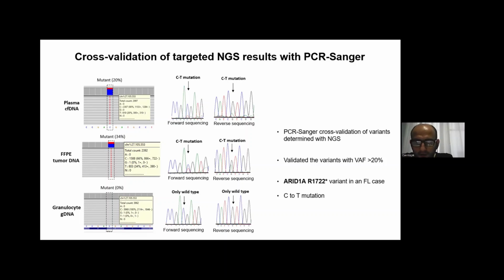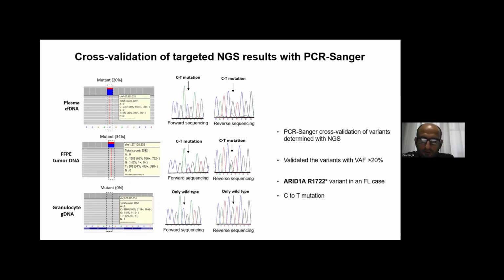I'm just showing one example here. The gene is ARID1A. This is also a nonsense mutation, C to T. The left side is showing the NGS result. The right side is showing the forward and reverse sequencing of the Sanger sequencing result. So you can see that the formalin-fixed paraffin-embedded tumor tissue DNA variant allele fraction was 34%.